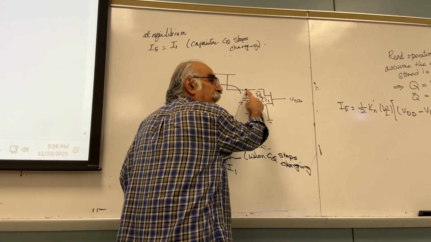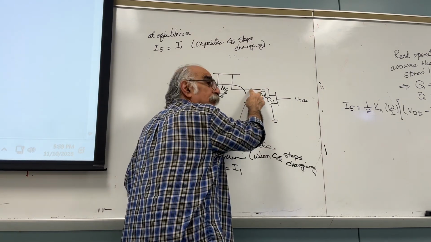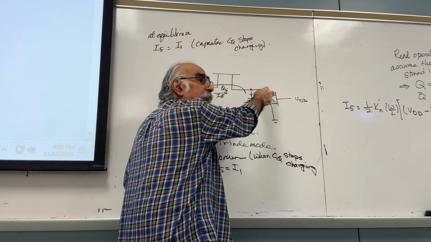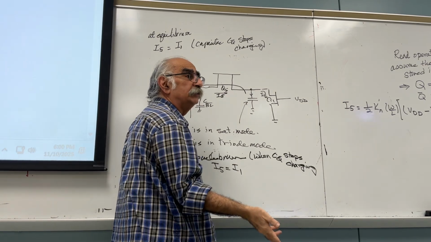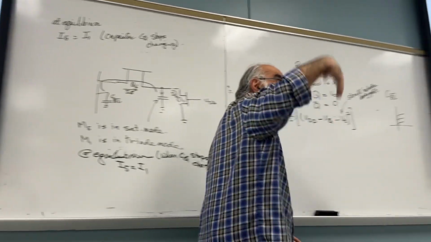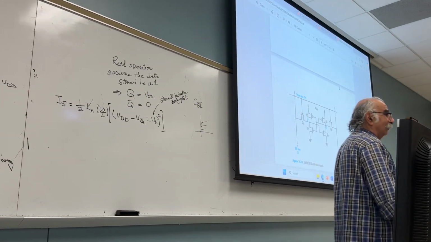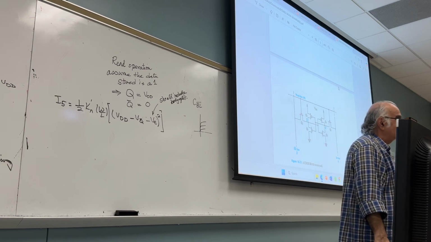What is the voltage here, in this diagram? Is it the same as this voltage? Yes, which means it's not going to change. That's the voltage across the capacitor. The capacitor stopped charging. It holds on to its charge, whatever it charged. Did you get it?